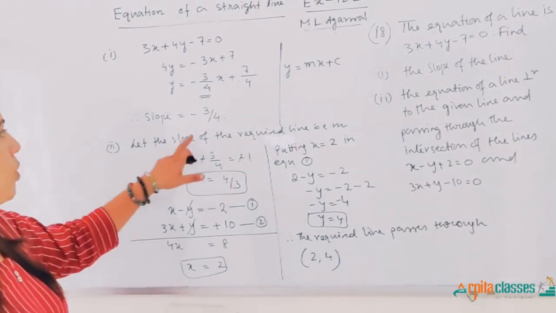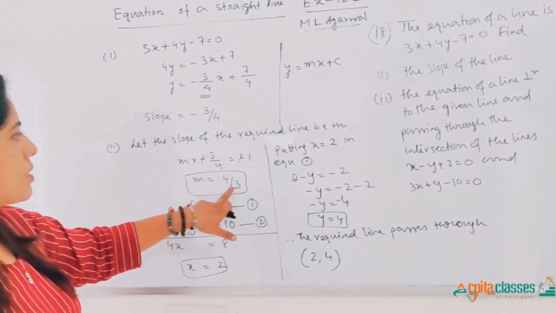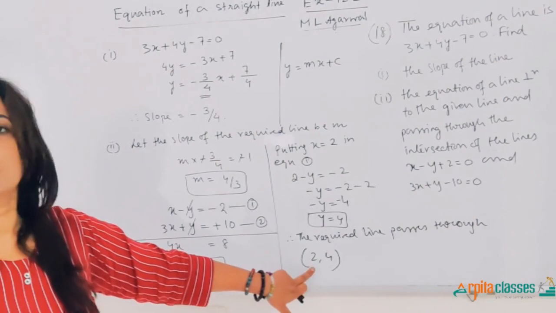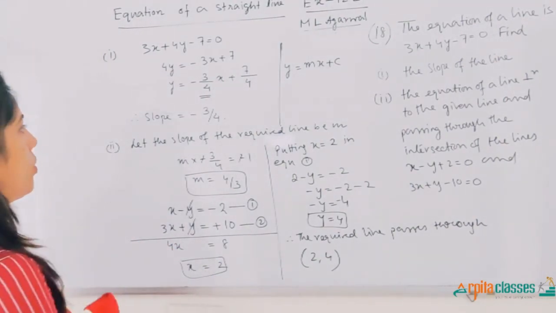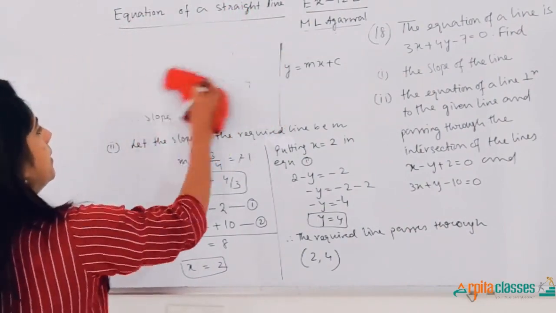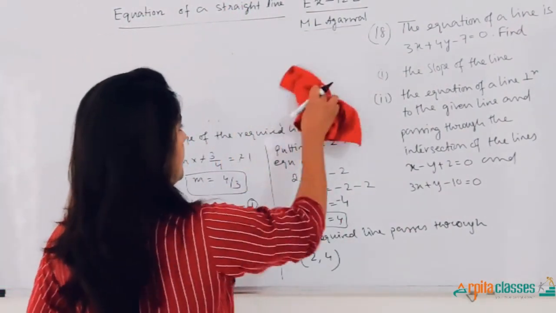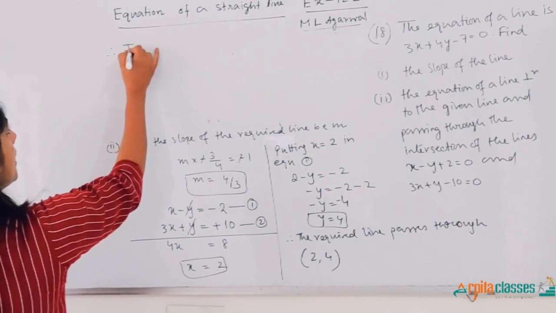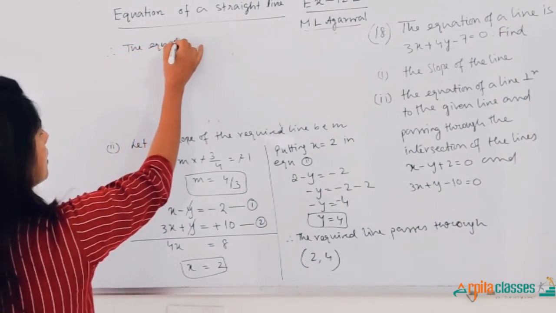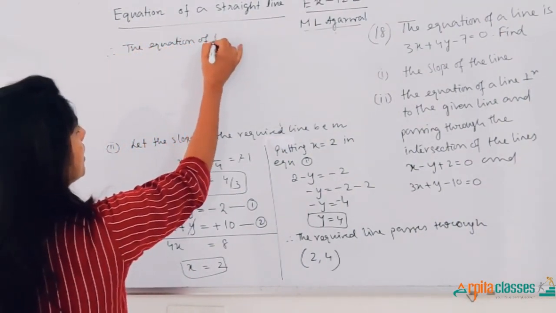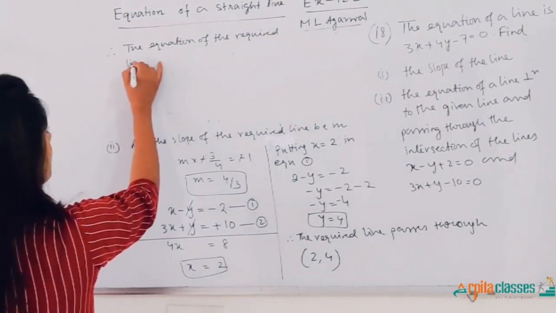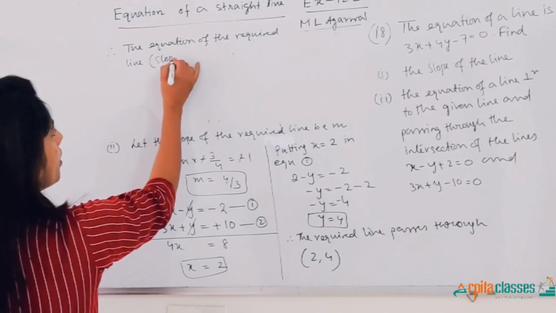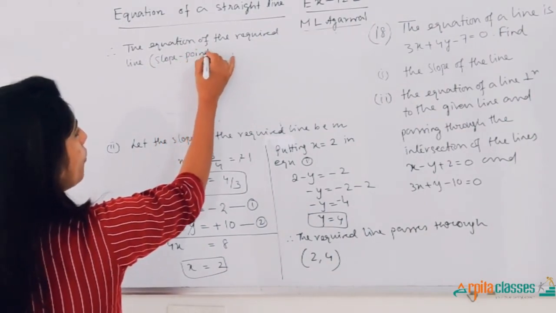So we have the slope of the required line. Our slope is 4/3, and it is passing through (2, 4). So we can get the equation of a line by the slope point form. Therefore, the equation of the required line, which form are you using? Slope point form.